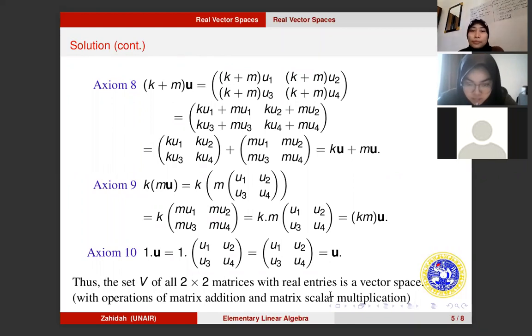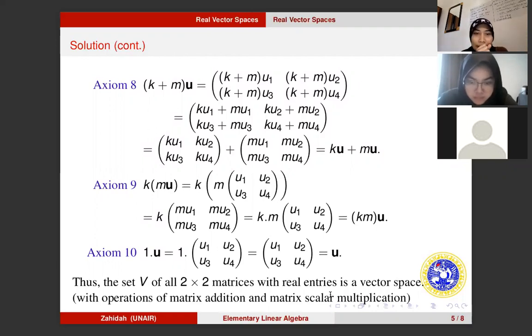If we have a different operation, we cannot guarantee whether it is still a vector space or not. It depends on the set and the operation.